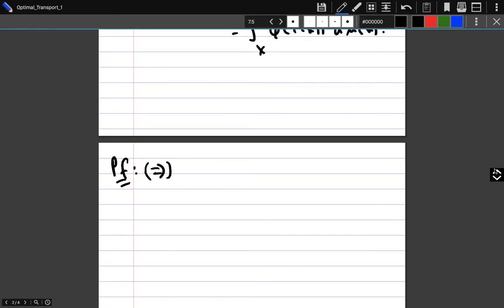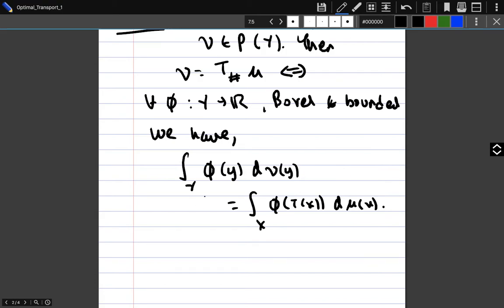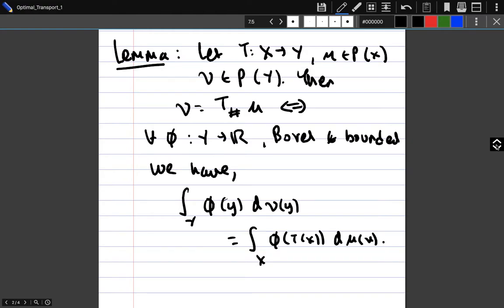This one's a little involved. Perhaps I'll start with the easier case, which is actually going backwards. So we assume that this integral equality holds, and we'll show that it is indeed a push forward measure. So to show that two measures are the same, what you have to show is that for every Borel set on the space Y, these two measures give the same value.